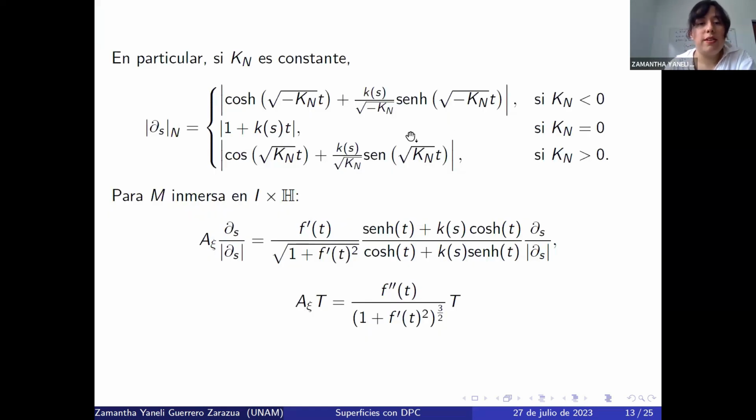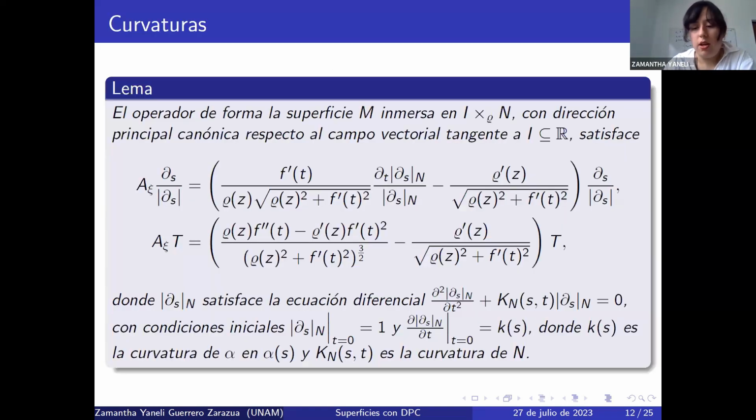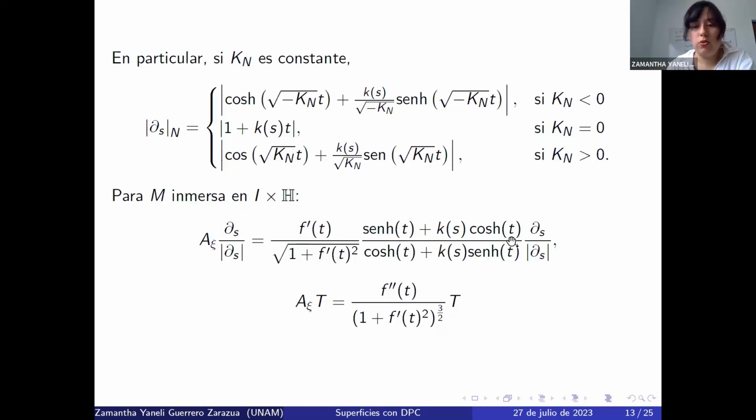So if the curvature of n is constant, the norm of the tangent to the equidistant curves has this form. And so the previous equation simplifies to this right here. And here we can really tell that it's the curvature. So everything works as one would imagine it should.